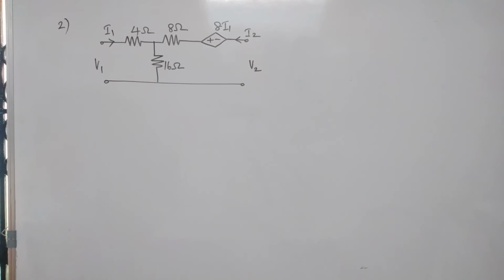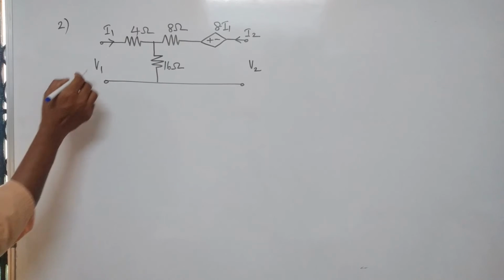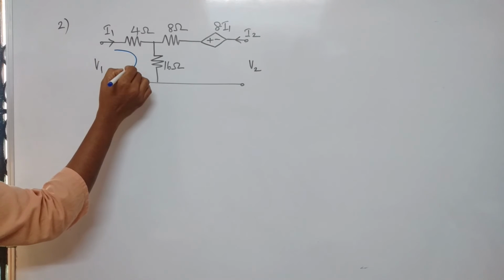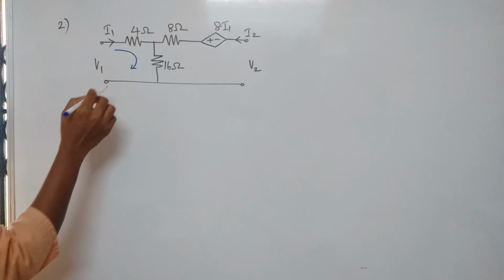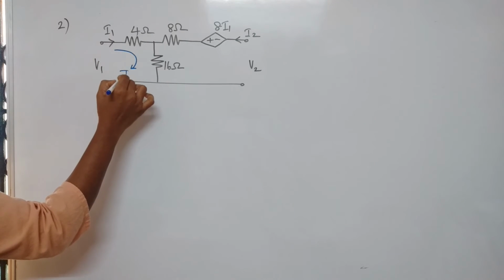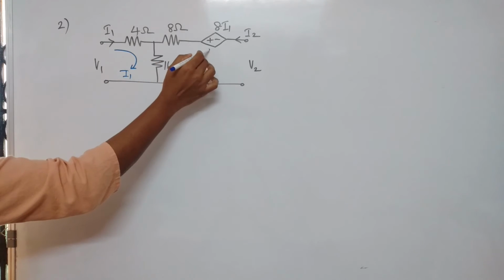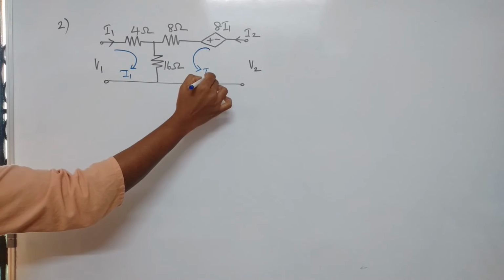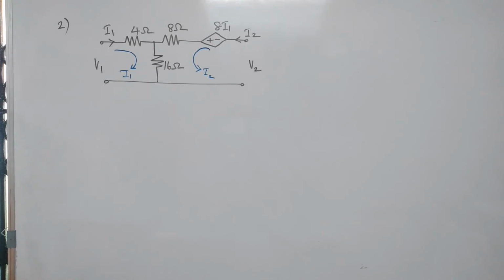Here the circuit has a dependent source. Let's try the second method by writing the equations. I1 is the current flowing in the first loop and I2 is the current flowing in the second loop. So let's write equations for mesh 1.